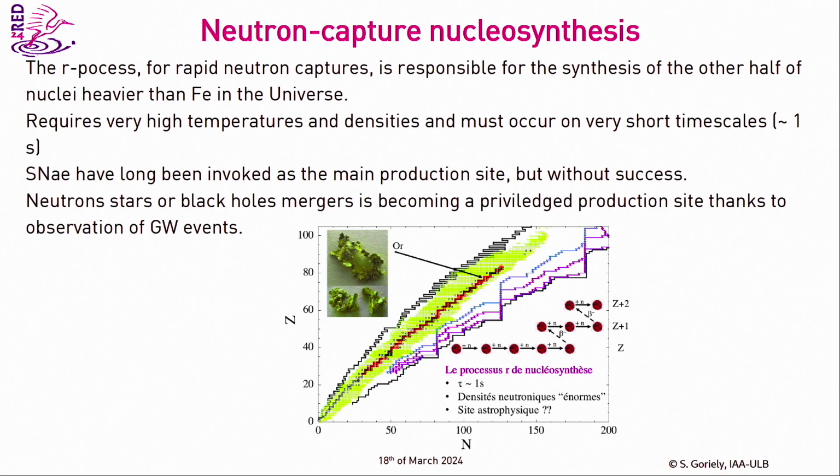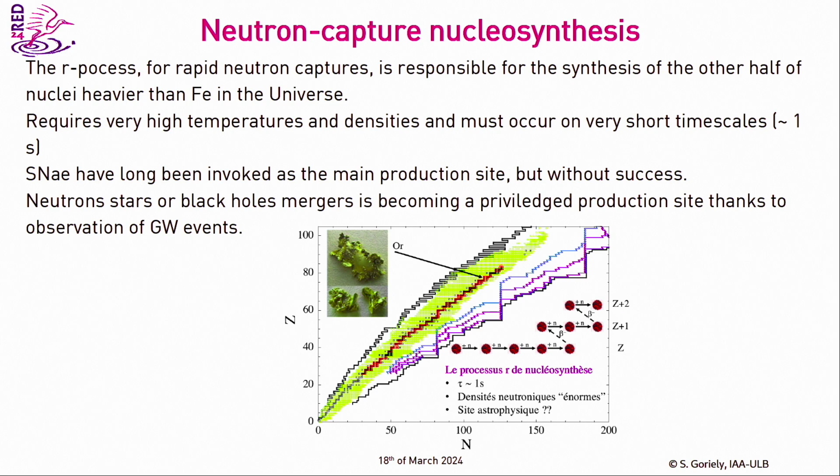For a long time, we thought that this R process was mainly made by exploding stars. I will show you in a minute when these stars explode. But it was theoretical, and we didn't really observe that much R process nucleosynthesis in the light curve of supernovae. And so it was a puzzle until 2017, very recently, when we actually observed the merger of two neutron stars. There was a gravitational wave event, and there was a trigger to all other telescopes to point in the direction of the gravitational wave event.